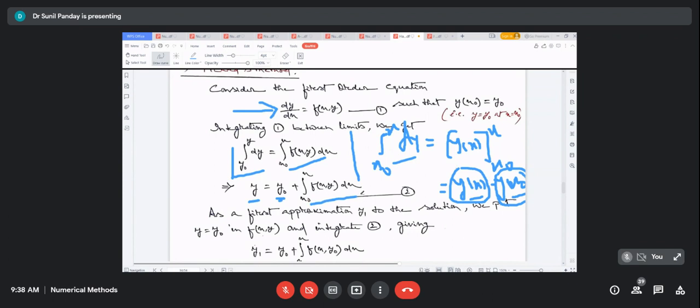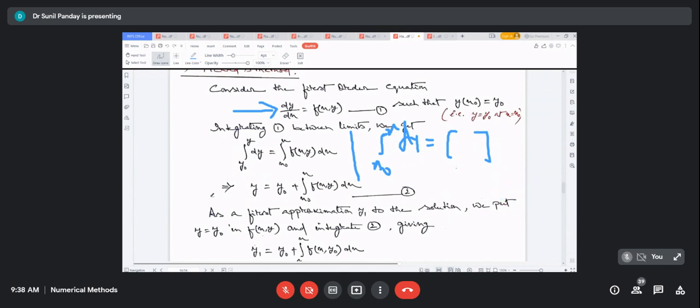So if we integrate equation 1 within the domain x naught to x, we get equation 2.